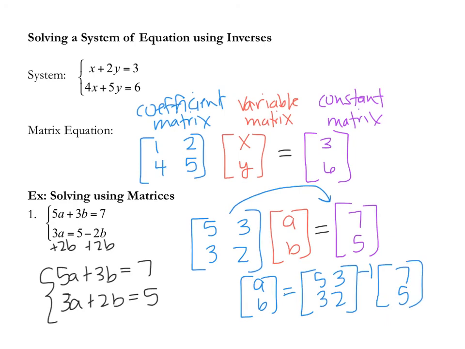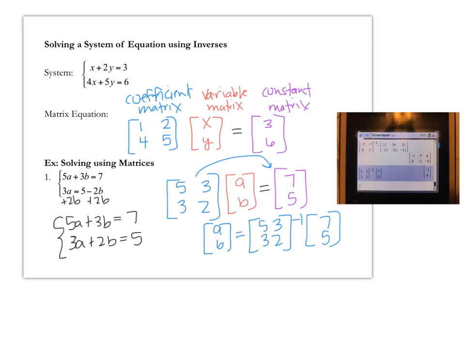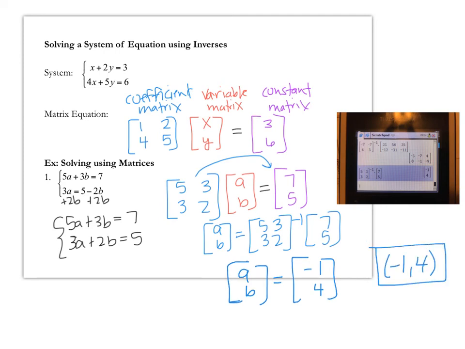And then we're just going to type that in the calculator to get the answer. Out of the calculator, you should get that the A, B matrix is equal to -1, 4. And we're going to go back to how we wrote the answers when we were solving systems, and change that to an ordered pair. So it's -1, 4.